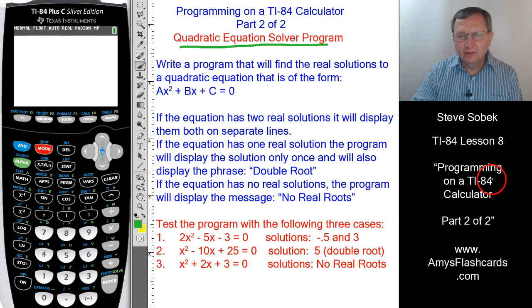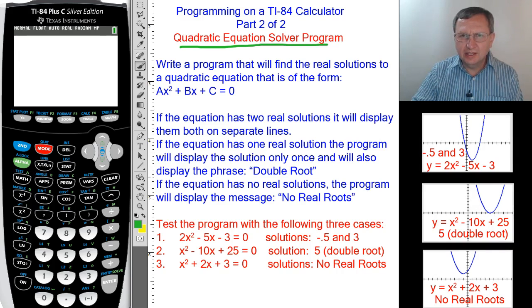Those of you who went through lesson number 3, where we were emphasizing the graphing method, it's easy to see why those are the only 3 plausible scenarios. Remember that, say, the first equation here, the corresponding function that you would graph would be shown right here, and the graphical representation of any quadratic function is going to be parabolic in shape, and parabolas can only intersect the x-axis at most twice, as it does in this case right here.